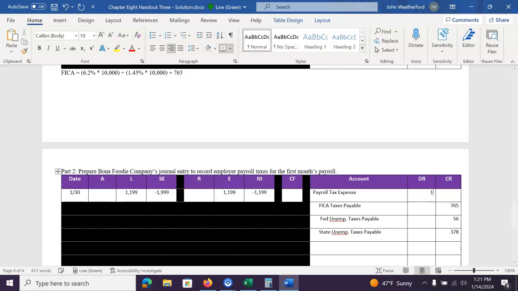So that gives us $1,199 for payroll tax expense. So our expense increased by that amount, causing net income and stockholders' equity, a typo there, to both decrease by $1,199. And then our liabilities in total increased by $1,199.